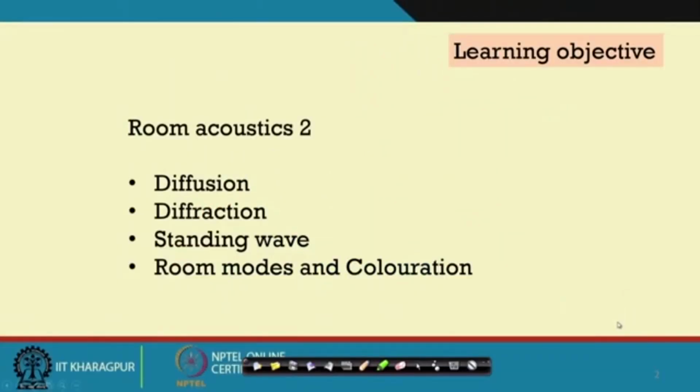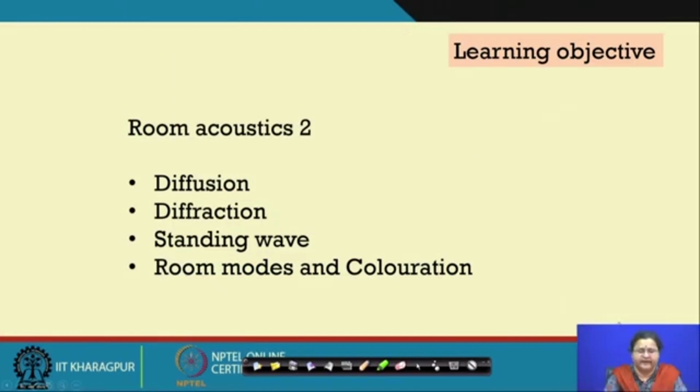So, we will come to room acoustics part 2, which will deal with the diffusion of sound, diffraction of sound, standing waves, room modes and coloration.